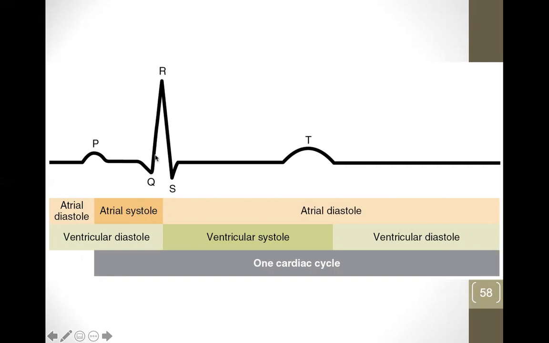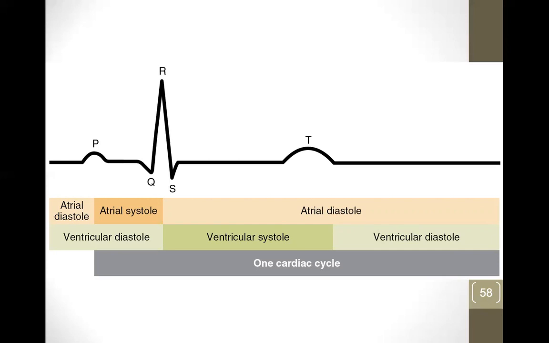Then we depolarize all of the ventricular myocyte cells, and in response to that, we have everything contracting in the ventricles. So now the ventricles are currently contracting while the atria are resting, right? So we have to pump the atria first, then the ventricles.